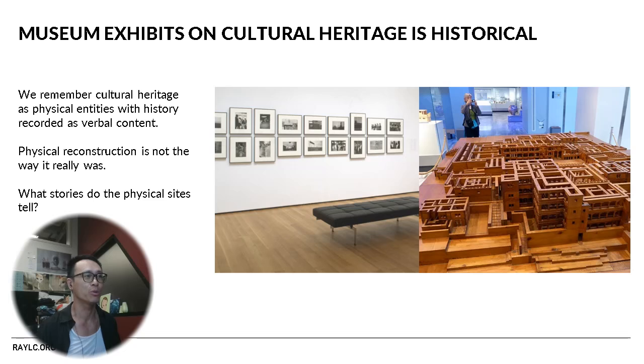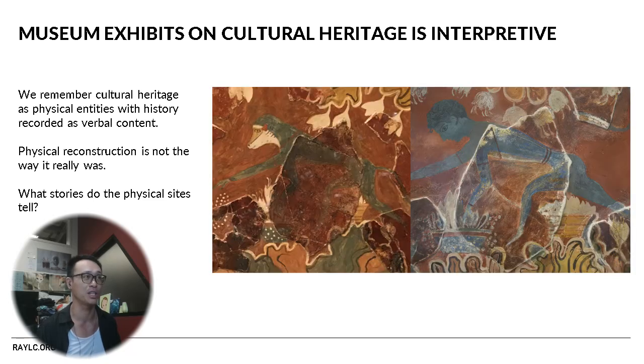So really, we're missing out on the way that the people from the past actually told the stories about those buildings and those locations. These are the intangible type of heritage that's missing from the current types of exhibitions in this area. This reconstruction, as you can see, can be very tricky as well.